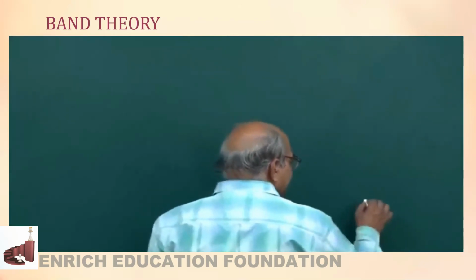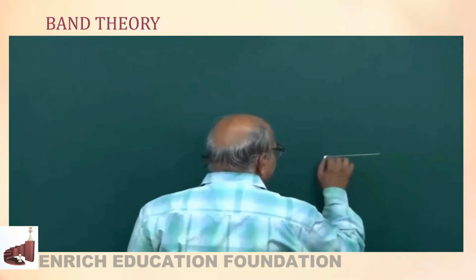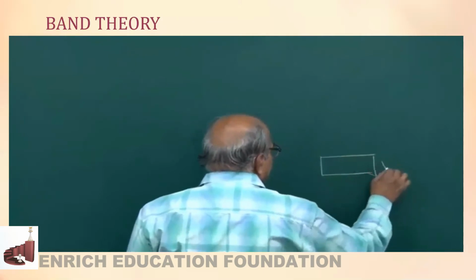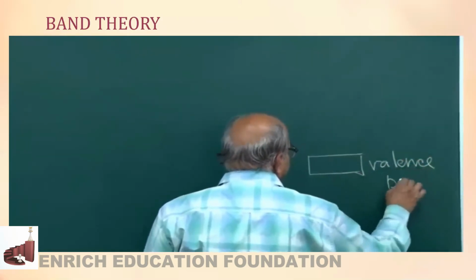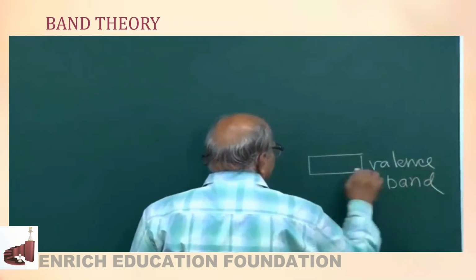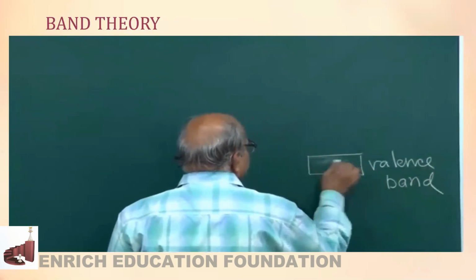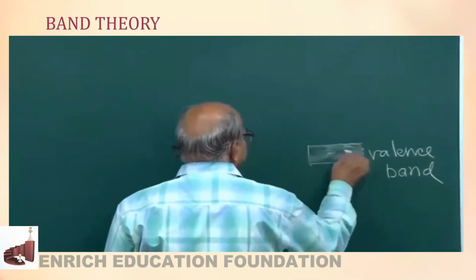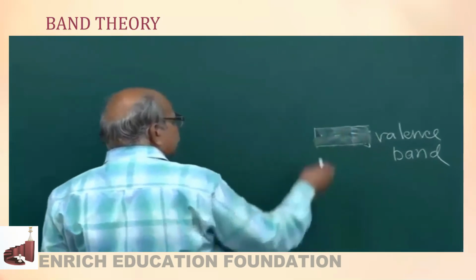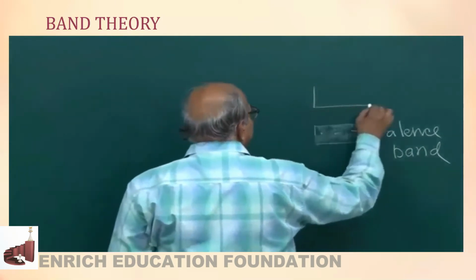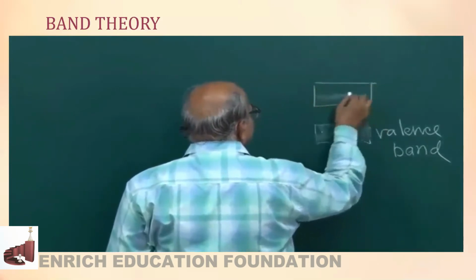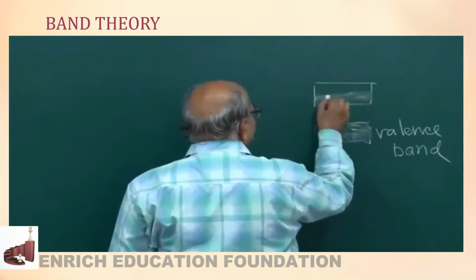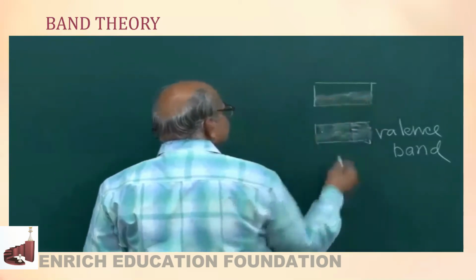So you can have a situation where you have a valence band, and by definition this valence band is completely filled. All these states are completely filled. And then you have a conduction band, which is partially filled. So this is one kind of situation, and I remind you, I am talking of low temperatures only.